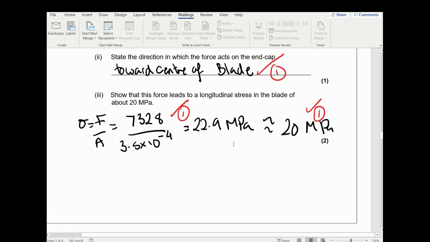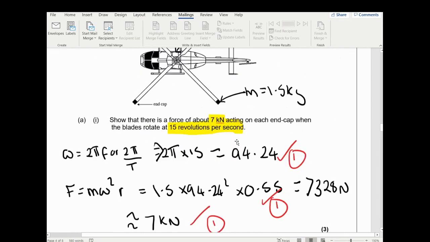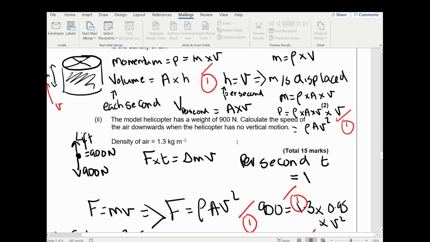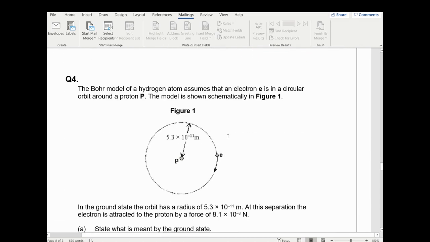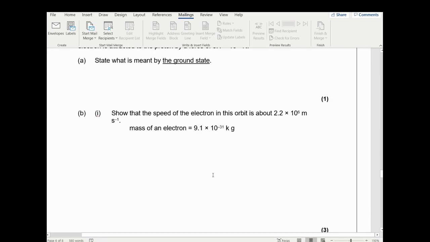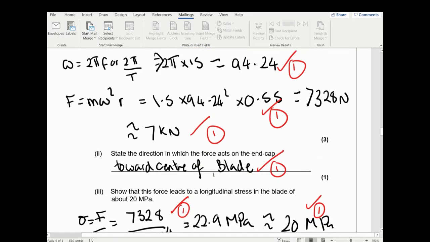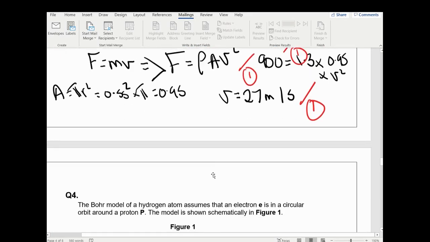So this is quite an interesting one because not only does it have circular motion, it also has Young's modulus of materials, it also has momentum, it also has density. So this is quite a nice little question that has a little bit of everything in it. But again, what I'm doing most of the time, I draw diagrams, I try and work out what's going on.